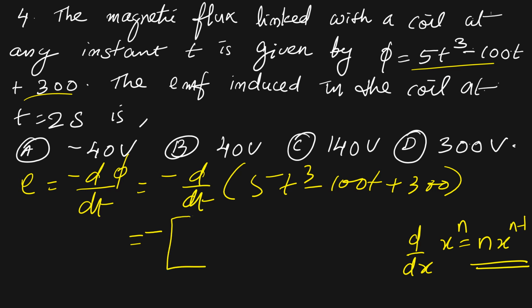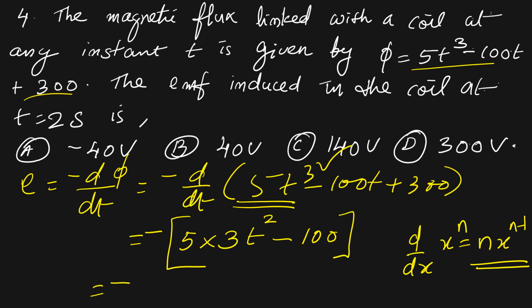Let us use this general formula. Minus first, d by dt of the first term 5 t cube: here n is 3, so it is 3 t raised to n minus 1, 3 minus 1 is 2, minus 100 into dt by dt, that is 1. So it is minus of 15 t square minus 100.